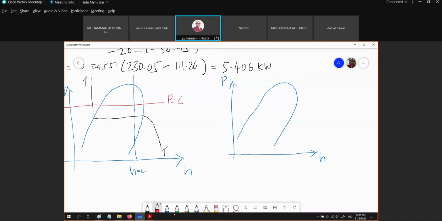Our pressure 1,200 kPa. This is in kilojoule over kilogram. And then we have another line. This is at 60 kPa.